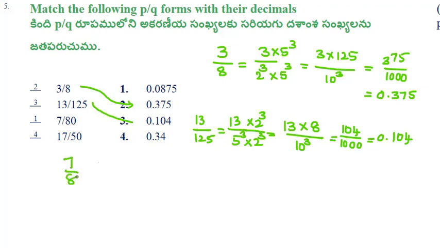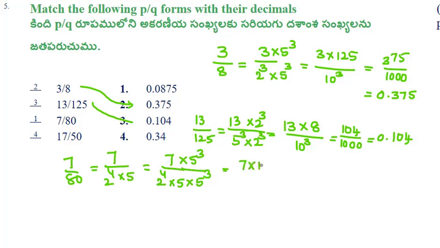7 by 80 can be written as 7 by 2 power 4 into 5. We need extra 5 cubes, so into 5 cube, that equals to 7 into 125 by 2 power 4 into 5 power 4. 5 into 5 cube means 5 power 4, so 2 power 4 into 5 power 4, that equals to 875 by 10,000.